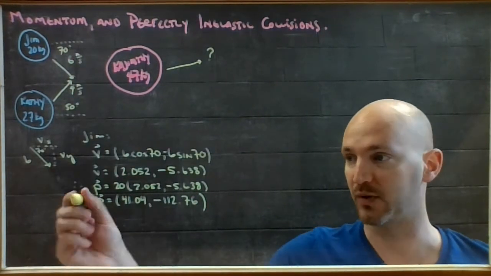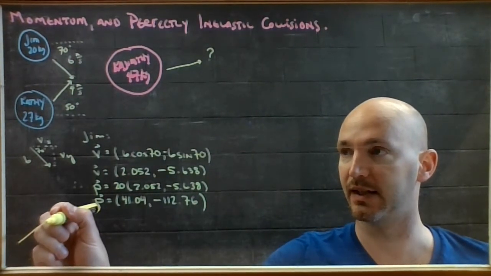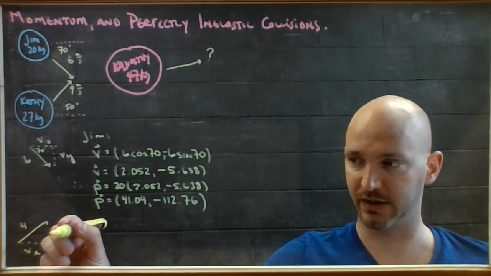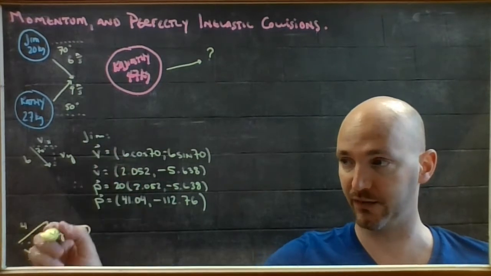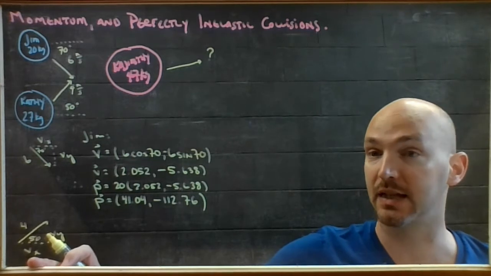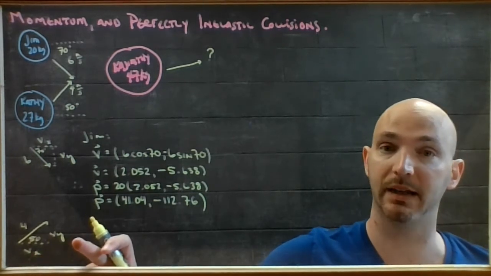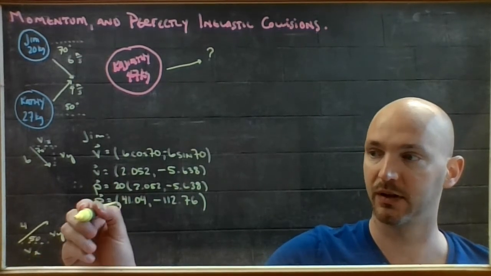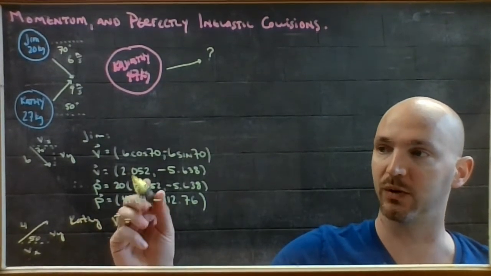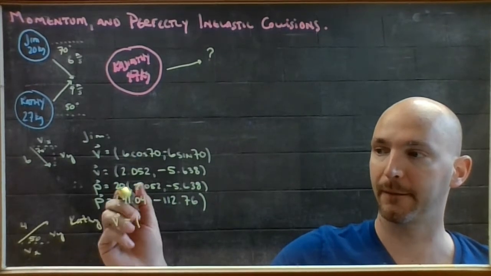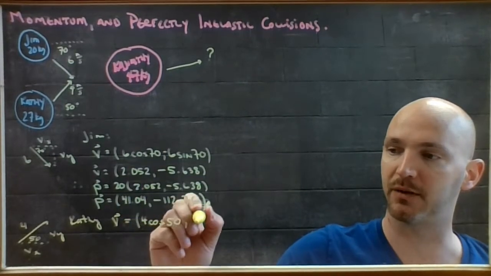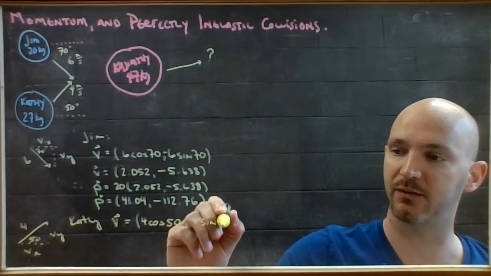To repeat this process for Kathy, Kathy's headed this way at 4 with a Vx in that direction and a Vy in that direction and a 50-degree angle measured from the horizontal again. So the x is the adjacent component, the y is the opposite component. So for Kathy, the velocity vector will be 4 cos 50, comma 4 sine 50.